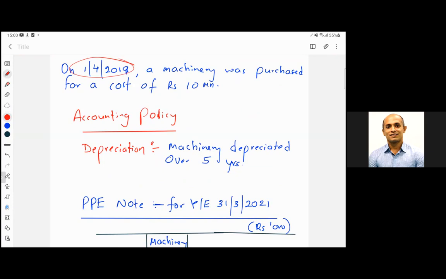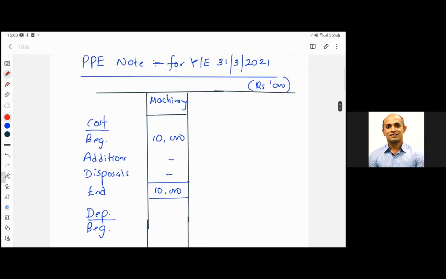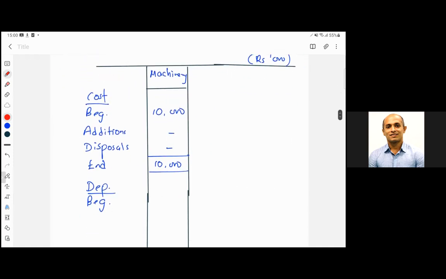By the beginning of the year, machinery has depreciated 1 year. How much is 1 year's depreciation? Cost is 10 million, depreciated over 5 years, 10 divided by 5. One year's depreciation is 2 million. So in the notes, you see a beginning depreciation of 2 million.